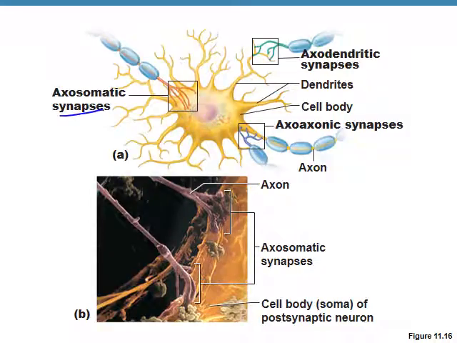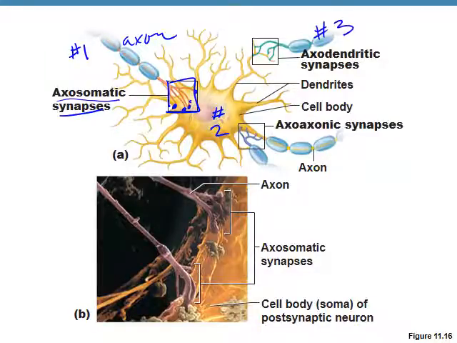So this is a synapse right here in this box. They're showing you the axon of, say, neuron number 1 synapsing with the soma of neuron number 2. So we call it axosomatic. Now we have a third neuron over here. This is an axon, but now instead of touching the soma, it's synapsing with the dendrite, so we call it an axodendritic.